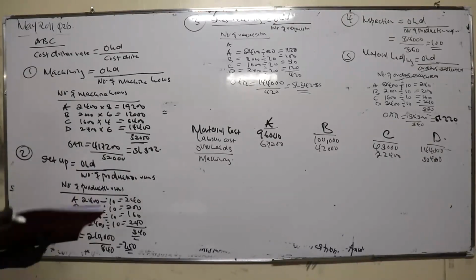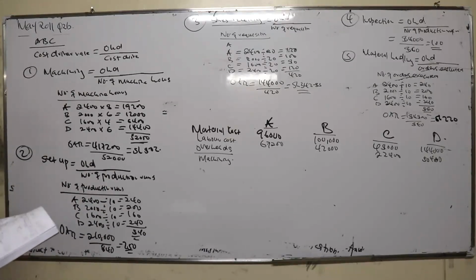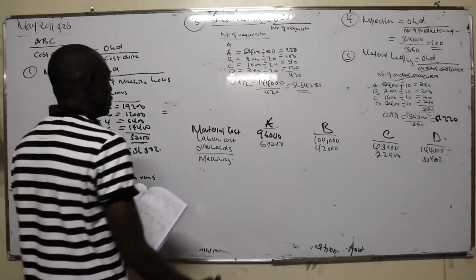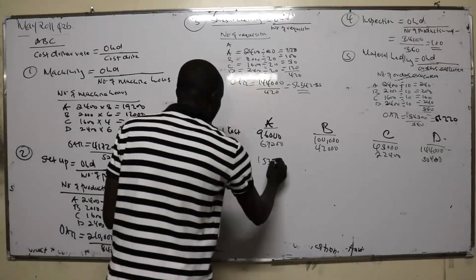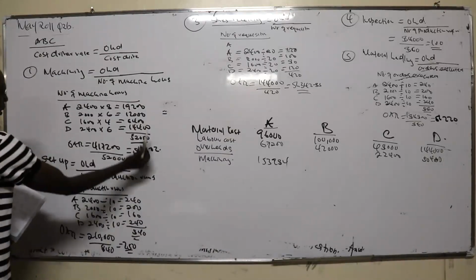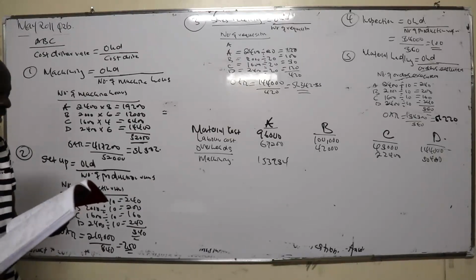The machining cost for product A will be 19,200, the total machine hours for product A, multiplied by 8.02. This is going to give you 153,984. The second one, you multiply 12,000 times 8.02, which gives you 96,240.